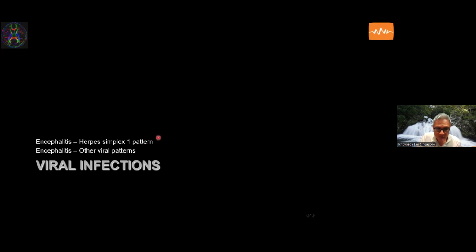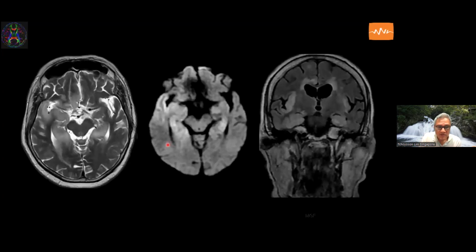Viruses. Let's talk about herpes simplex virus infection. This is a pattern that is classically going to involve the temporal lobe cortex and the hippocampus, the medial temporal, sometimes also the lateral temporal, and the inferior frontal region.